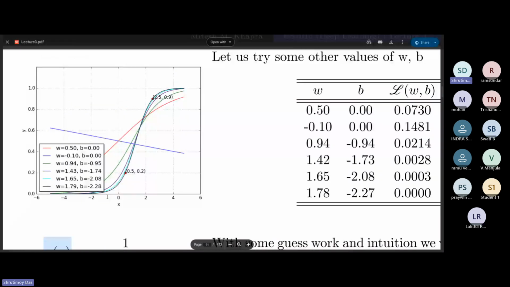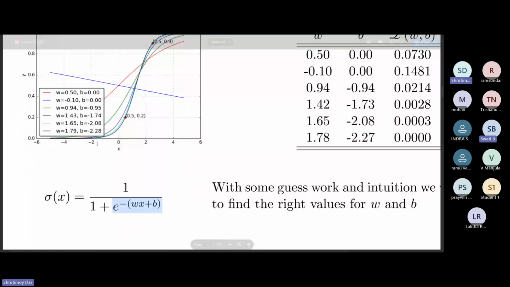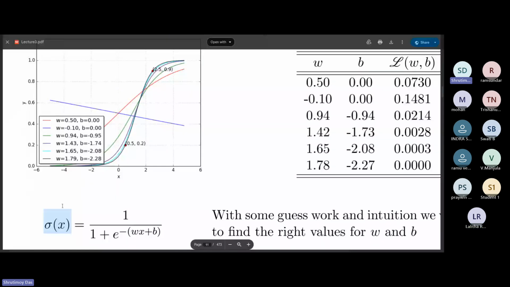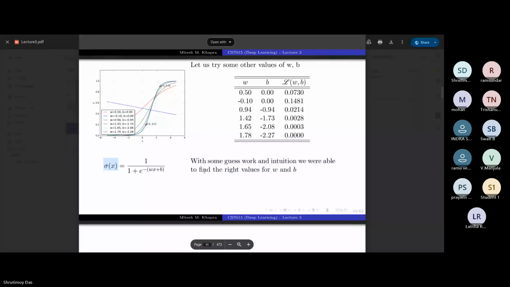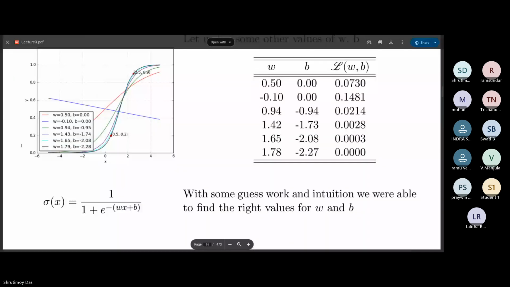If you change w and b, what is the sigma x that you get? This is your sigma x. And here they are plotting the loss. This thing here is the output of your network. Once you get an output, you can compute the loss, right?